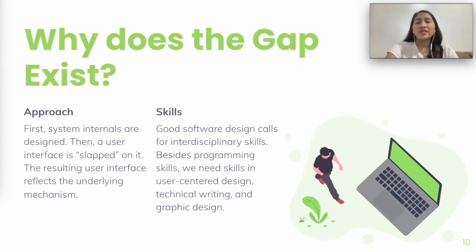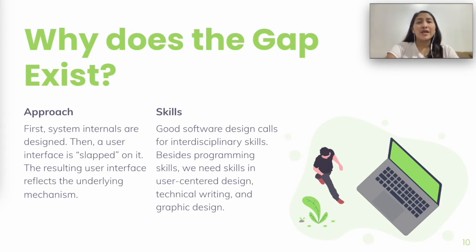Pangalawa, technical writing. Paano magsulat ng isang document according sa design or sa development ng ginagawa mong product or ng ginagawa mong user interface. Kasi mas magiging systematized, mas magiging organized ka kapag maalam kang magsulat ng technical paper. Tapos, ang isa pang skill ay graphic designing.